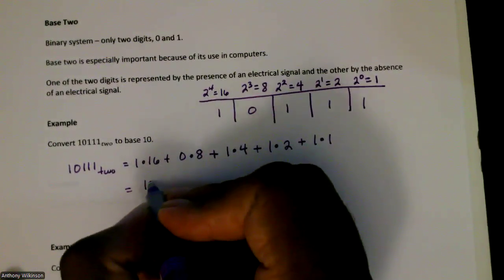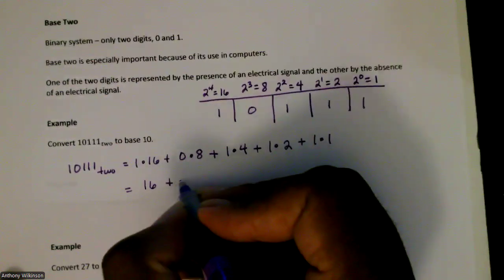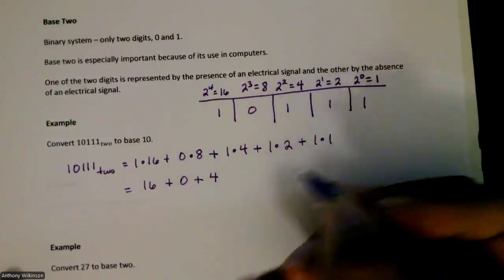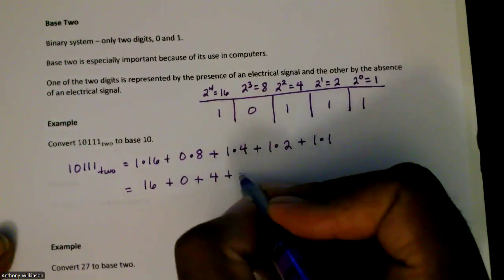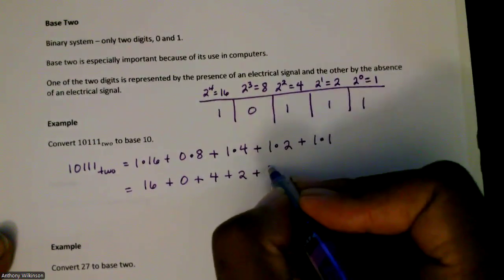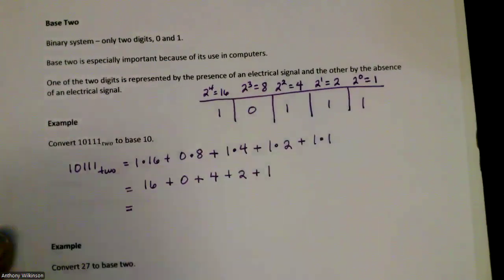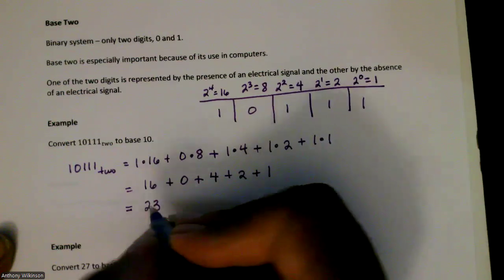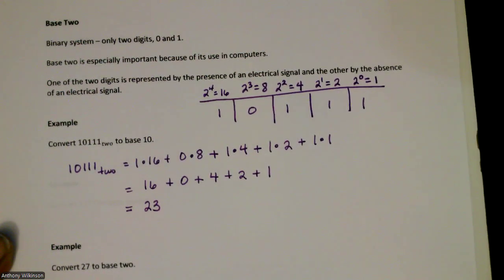So 1 times 16 is 16, 0 times 8 is 0, 1 times 4 is 4, 1 times 2 is 2, and 1 times 1 is 1. So add 16, 0, 4, 2, and 1 together, and you'll end up with 23. So 10111 base 2 in our base 10 system would be 23.